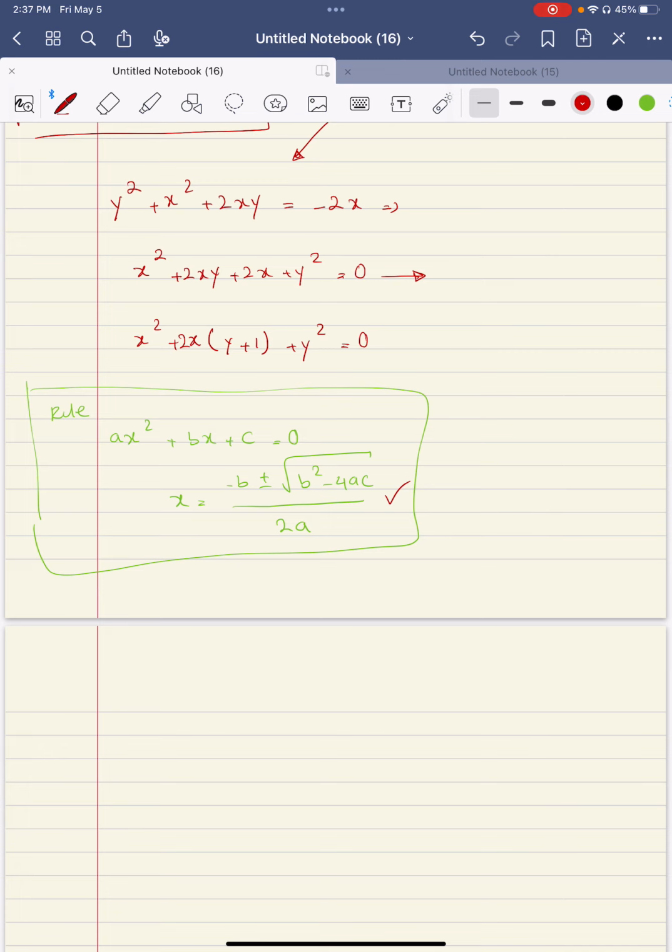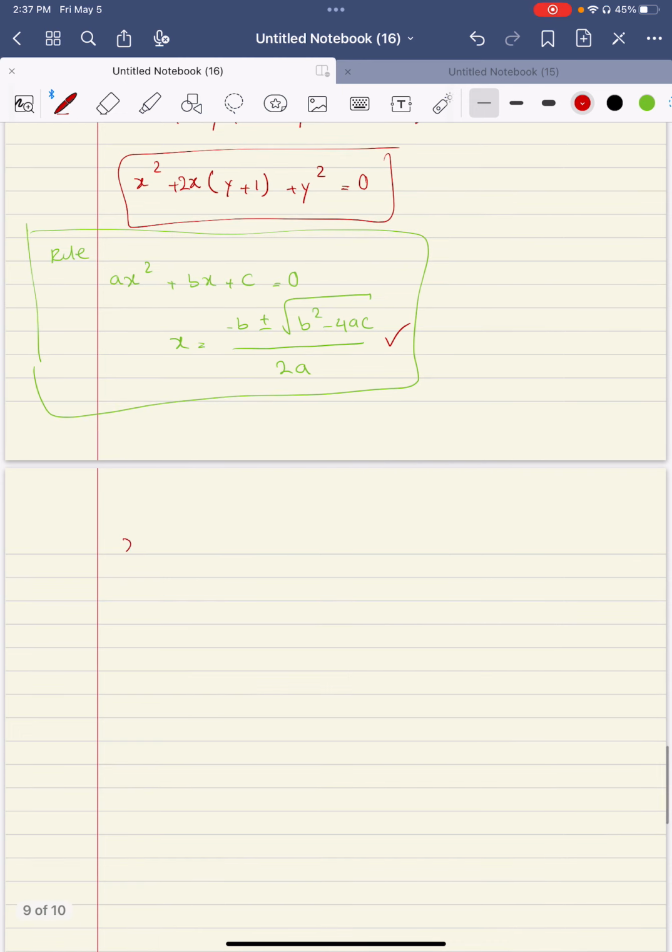I'm going to use this rule. The b is here, the a is here, the c is the constant in here, and 2a is 2 times a. I'm going to write this part once again for myself.